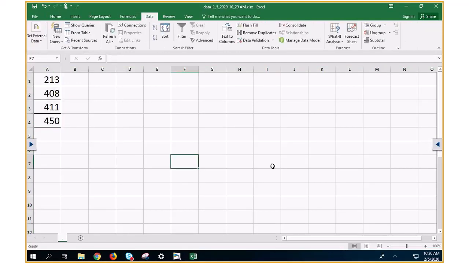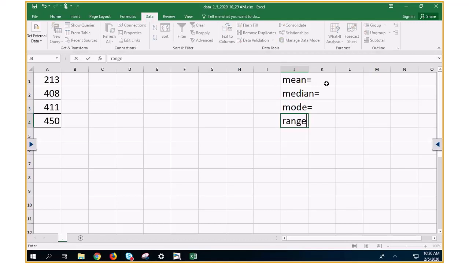There you go. Mean, median, mode, mid-range, variance, and standard deviation.